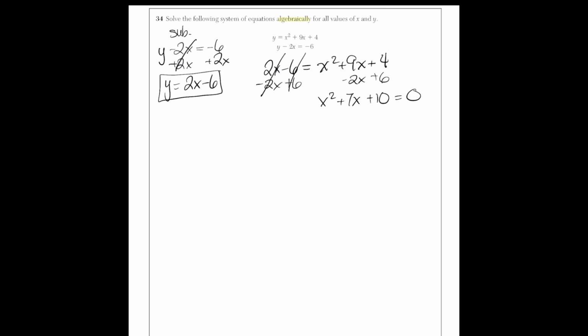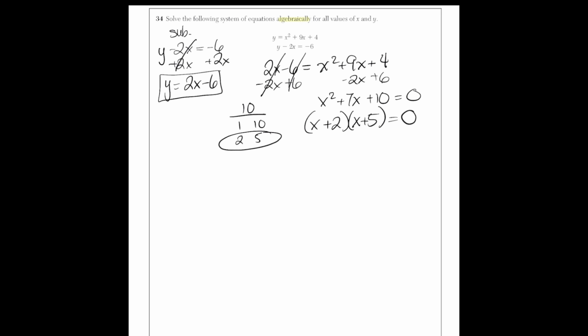Now I can use what I know about factors, my factors of 10. Get your factor pairs ready to figure out what are the factors of 10 that would add up to positive 7. So I have 1 and 10, 2 and 5. Obviously, it's going to be my 2 and my 5. So x plus 2 and x plus 5 is equal to 0.